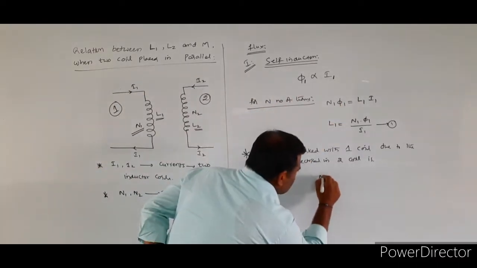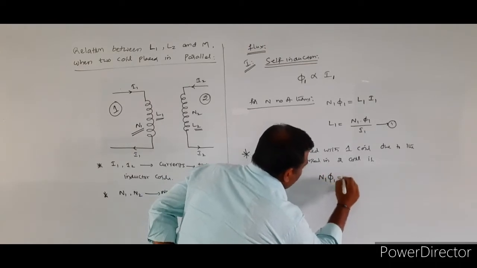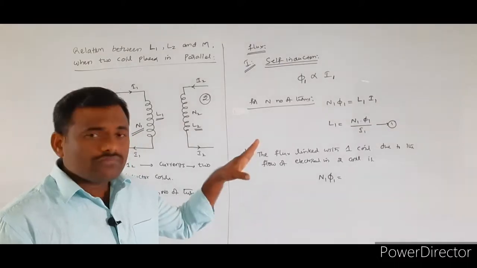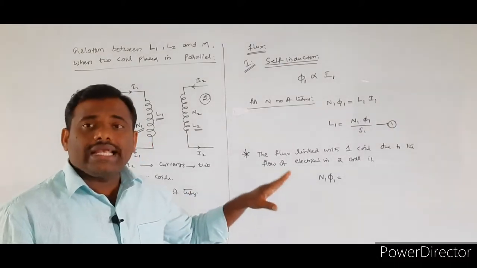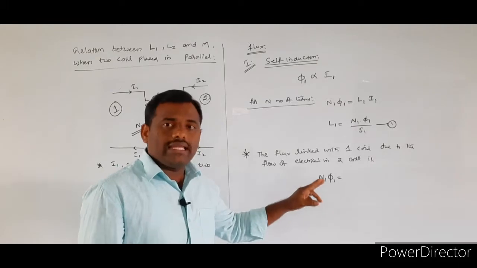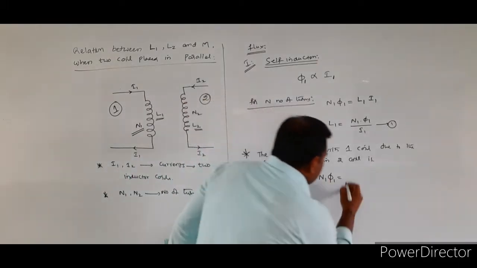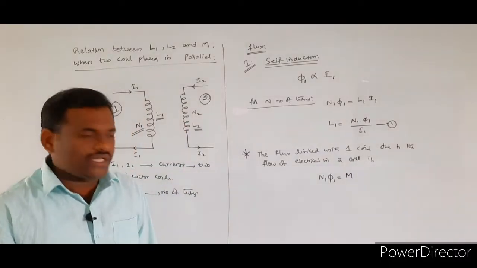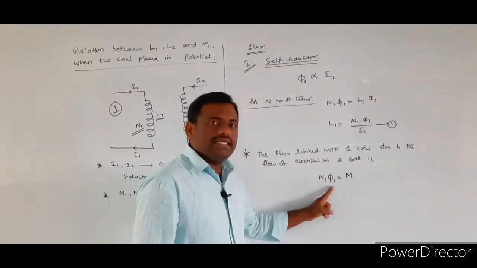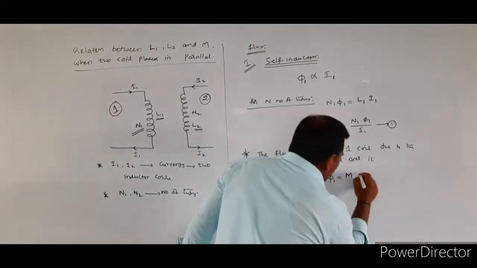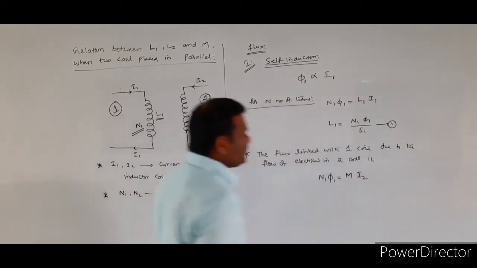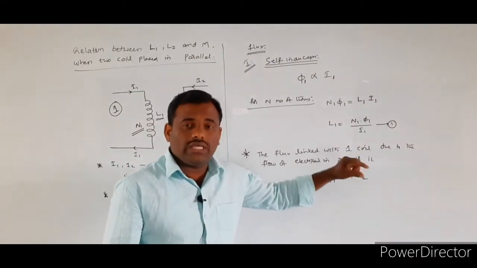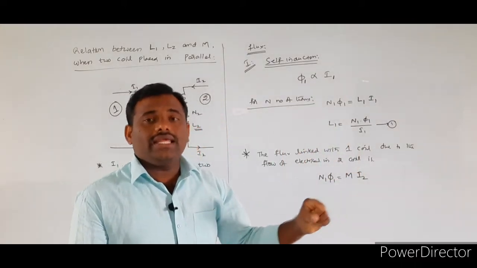The total flux which is produced due to the current passing through the second coil is N1 phi12, which, since we are using mutual induction, is equal to M into I2 current, due to the current flowing through the secondary coil.